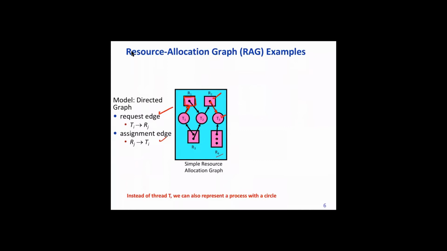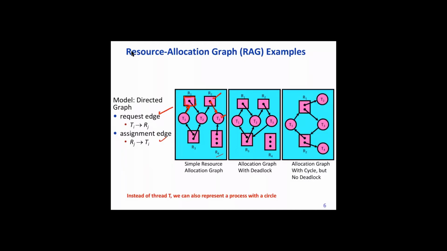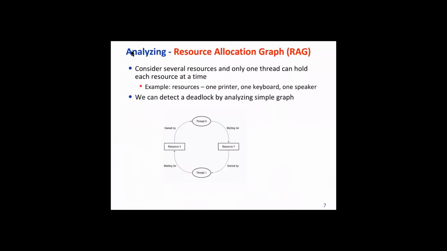So this is the graph, and based on this we can find out whether the system is in a deadlock state or not. For example, here it is in a deadlock state, whereas at this place it is not in a deadlock state. So this is what we studied. In this other diagram, some places you find the diagram this way, which is basically the same thing.